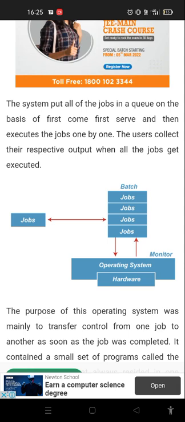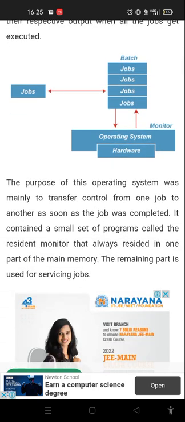Here we see the operating system, hardware, monitor, and the jobs: Job 1, Job 2, Job 3, Job 4 and Job 5. The purpose of this operating system was mainly to transfer control from one job to another as soon as the job was completed. It contained a small set of programs called the resident monitor that always resided in one part of the main memory.